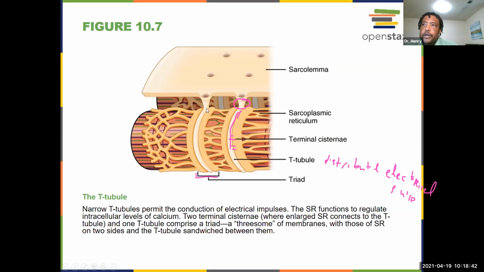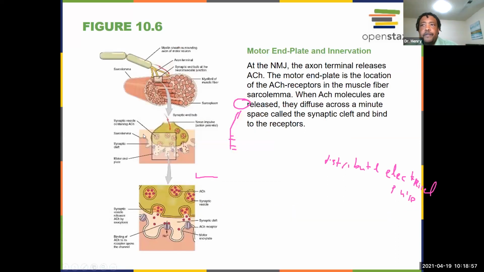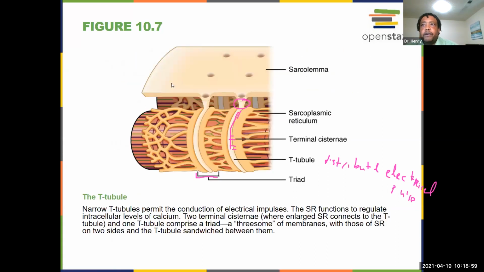So your T-tubule, this guy here, is providing each of those individual impulses, right? But it's a whole unit that's providing it. And then we go here, that just represents that membrane that is being provided to, right?